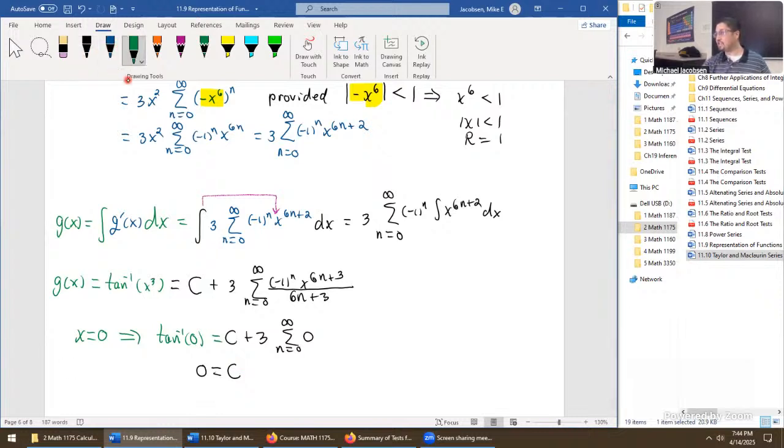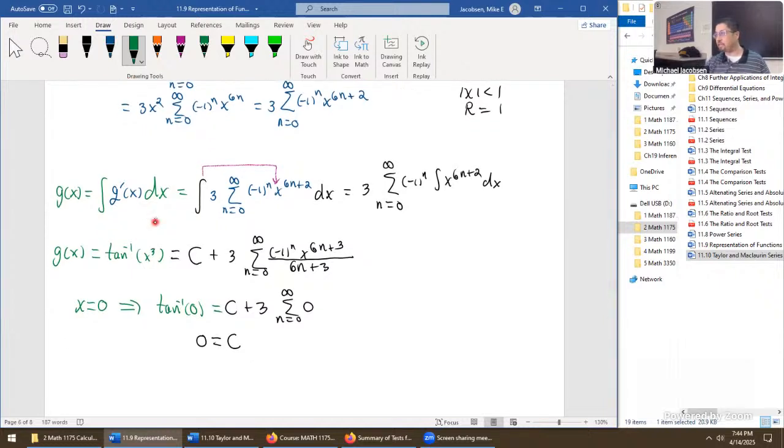So finally, what this tells us is g of x, which is tangent inverse x cubed, can now be rewritten as, let's focus on the function tangent inverse x cubed, equals 3 times a sum from 0 to infinity, negative 1 power of n, x to the power 6n plus 3, over 6n plus 3. We can write here just as a reminder, the radius is still 1, even after doing that integration.